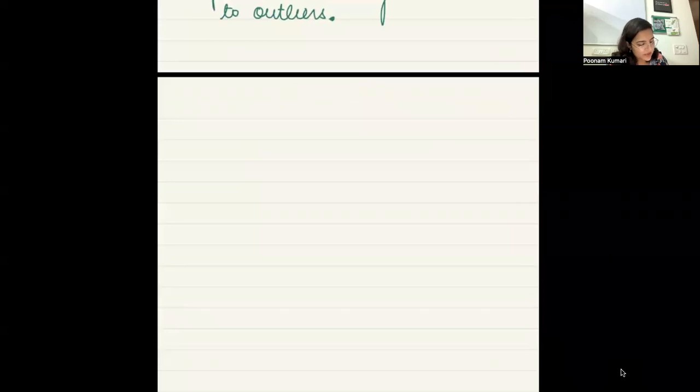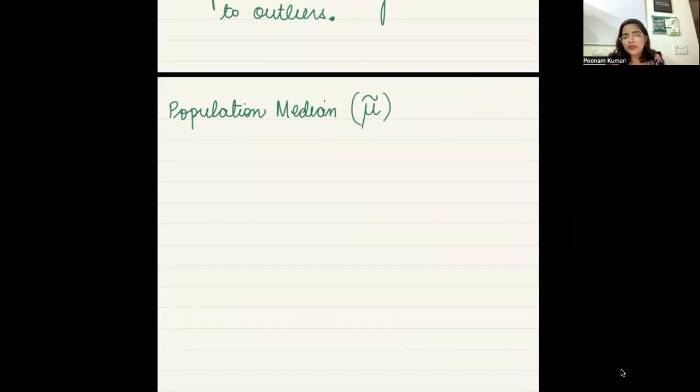And what is that? So population median is represented by this term. Okay. So whenever you see this, that means they are talking about population median. So the median value of your entire population data. Is that okay?